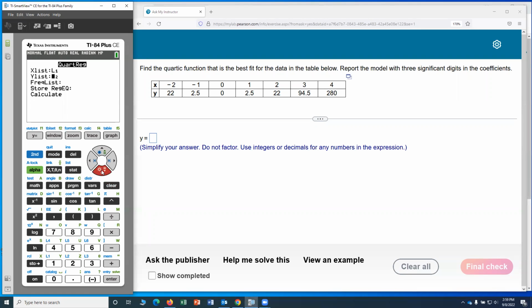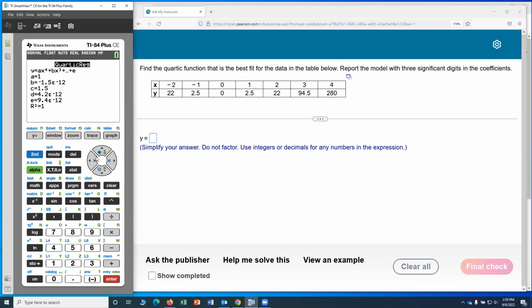My Y list is L2. Leave frequency list blank. If you want to store the equation, you can go to vars, yvars, function, y1, and then calculate.